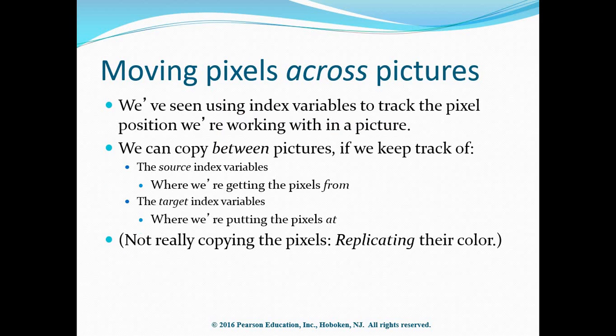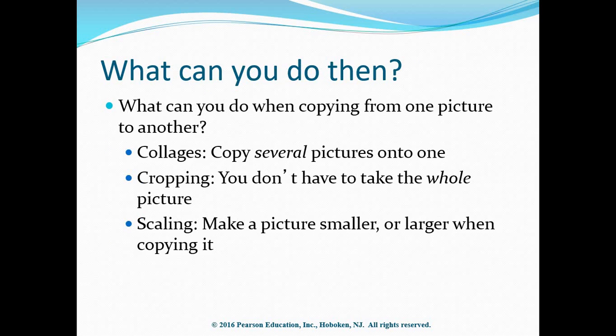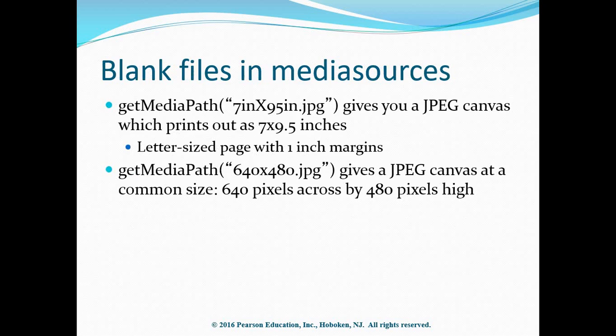Mirroring isn't the only way we can move pixels. Modifying images in Python can use real-world possibilities too, such as collages, cropping, and scaling. Empty files can be used as a canvas to create new images on.